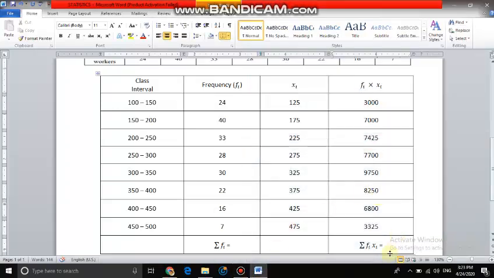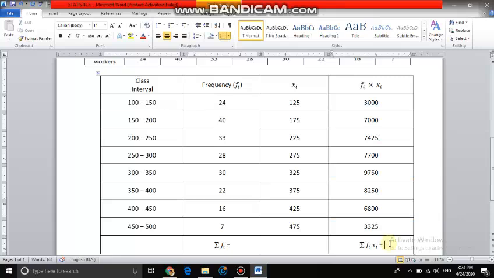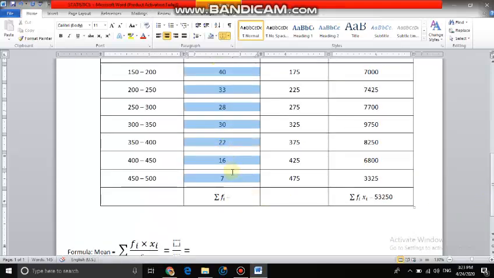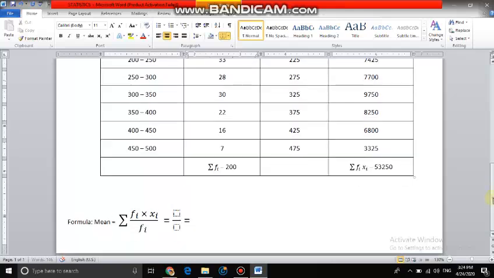Here the sum of Fi Xi is the sum of all these numbers. If I add all these numbers, I get the answer as 53,250. Similarly, the sum of Fi is the sum of all frequencies, which will give you 200.